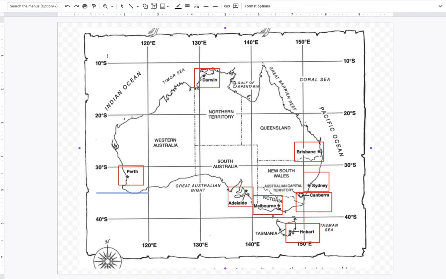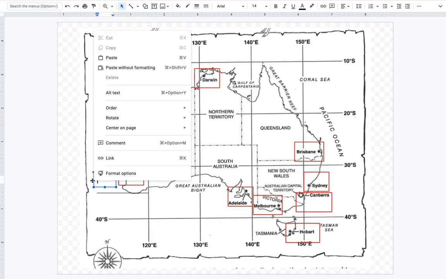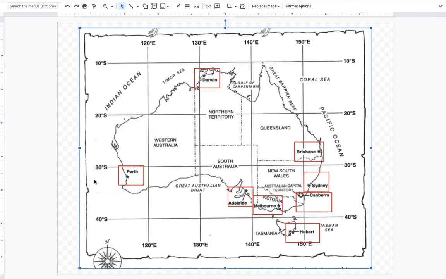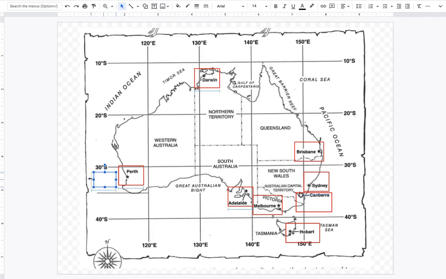So I would say, if I made a text box, which you guys will do, you can make that as big as you need it. Put that text box back in there. I would say it's 32 degrees south, and you always put lines of latitude first.